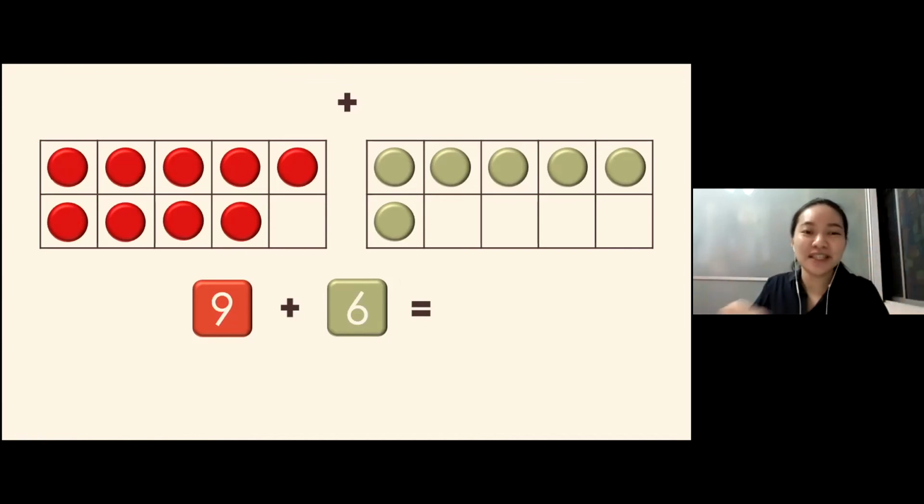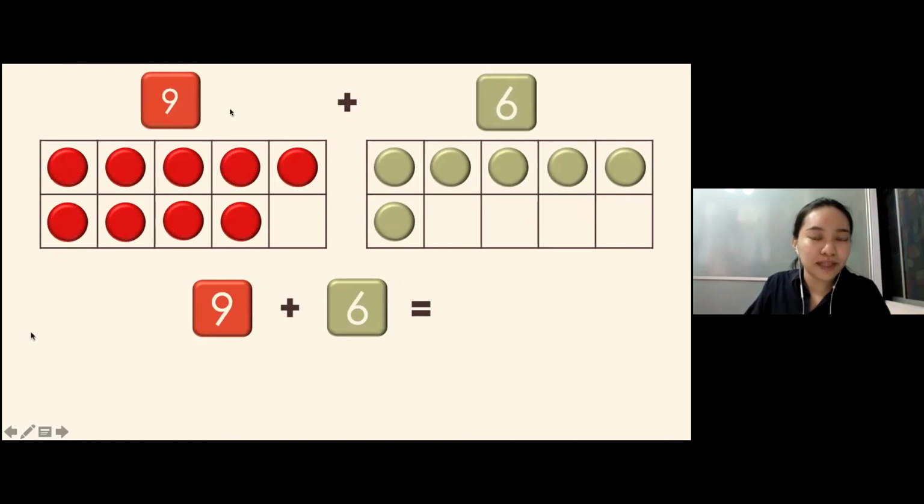This strategy helps them use a faster way to count. So instead of counting one by one, let's look here. I want to make this 10 frame 10. Let's make this 10 frame full with the dots.